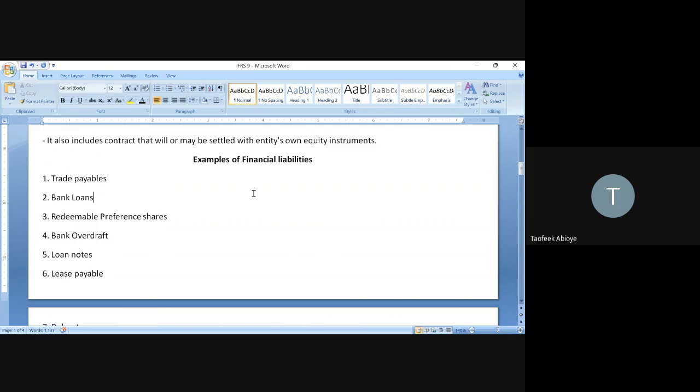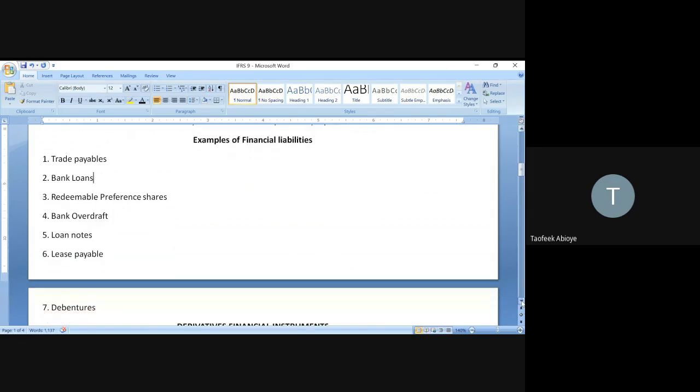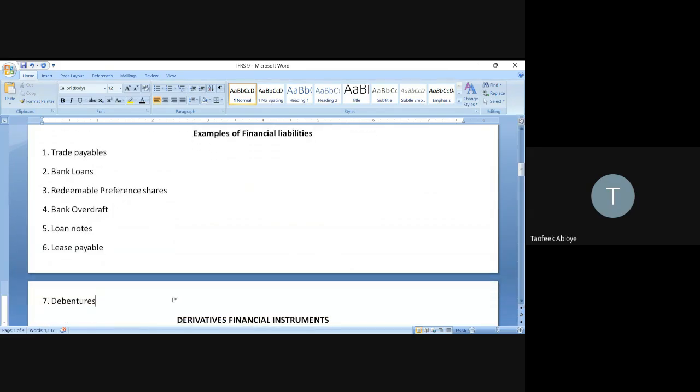Redeemable preference shares. So we have two types of preference shares: redeemable and irredeemable. Let me put it here in case we don't know what the exam can say. Notes.